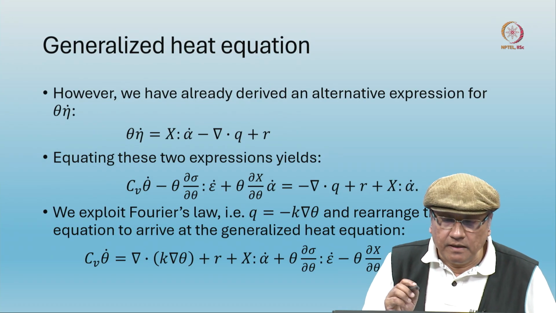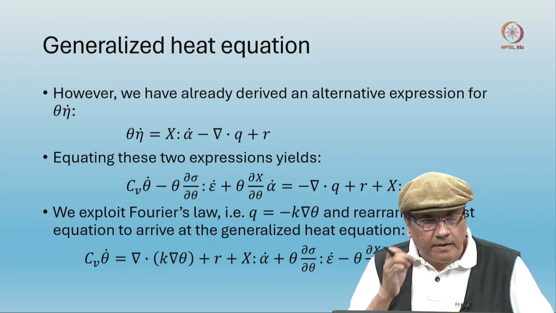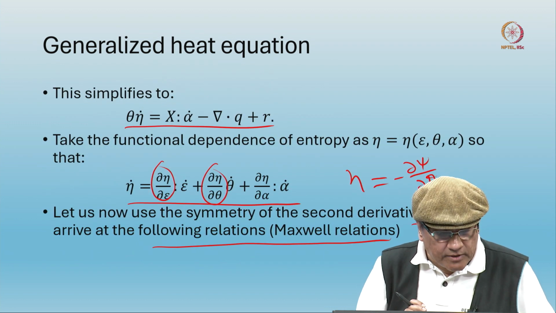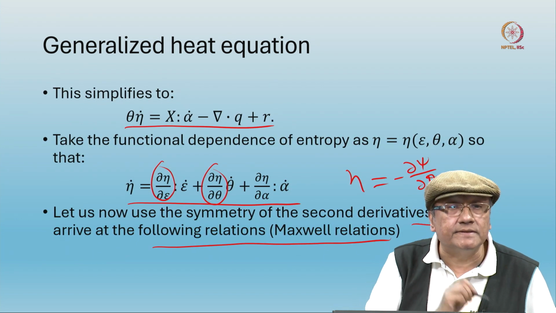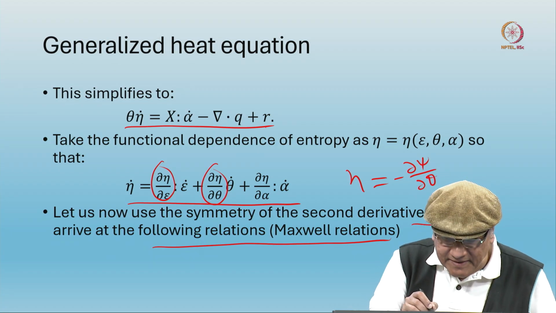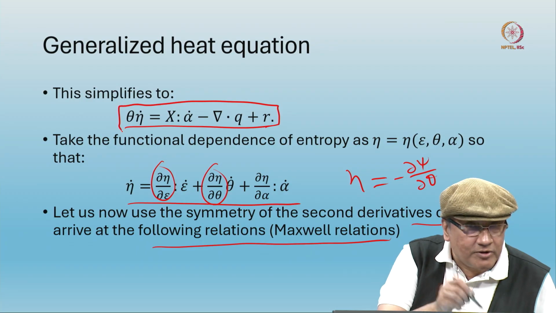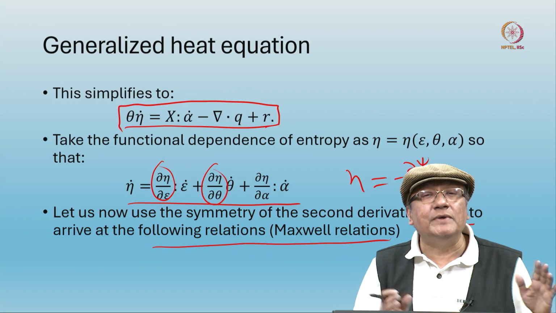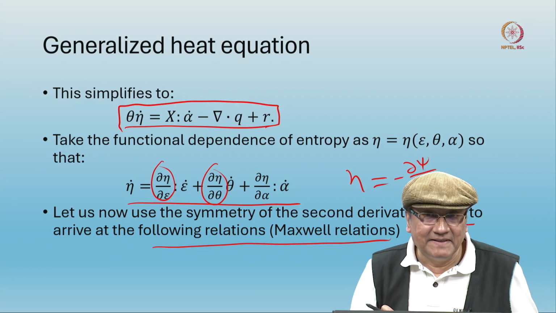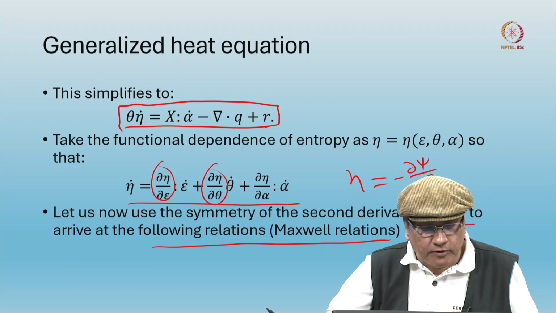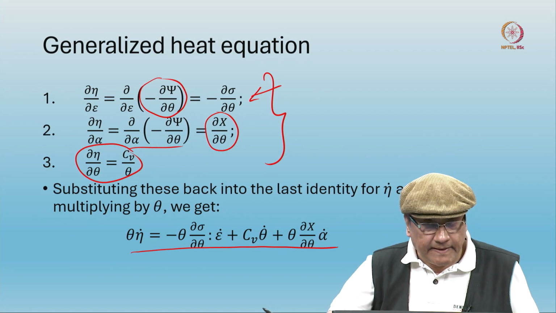But remember that some time back we already had an alternative expression for theta eta dot. You may have already forgotten it, I hope you have not. That was the expression. So again we can equate the two, and that is what we will be doing to derive the full form of the generalized heat equation.